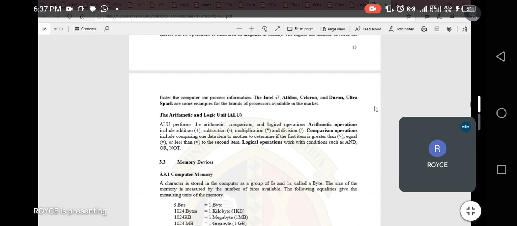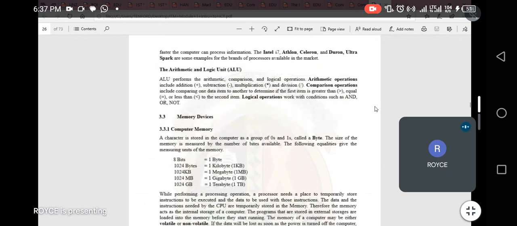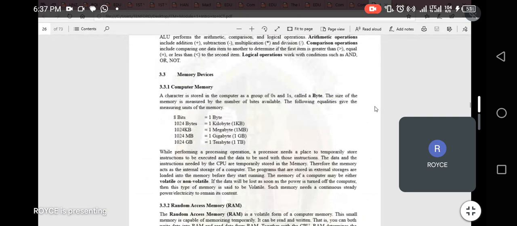All right, if it's clear, we're going to move on and look at the memory unit, then the memory devices. As we know, in computers data is represented in binary, which is ones and zeros. So when they say a character is stored in the computer as a group of ones and zeros, a character could be a letter or a number.